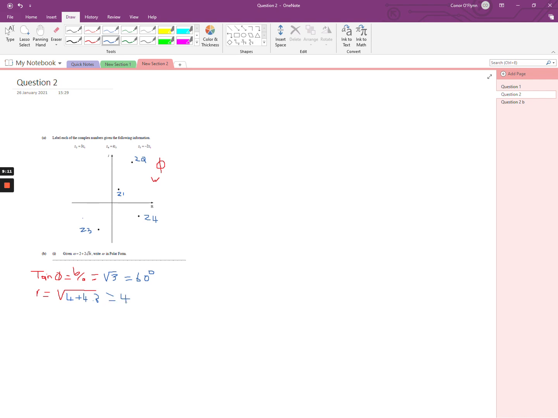Okay, so I just need to write it in polar form. So what's the polar form? R cos theta. What's my R? 4. Cos theta, my angle is 60. I'm not changing that, it's in the top right quadrant.